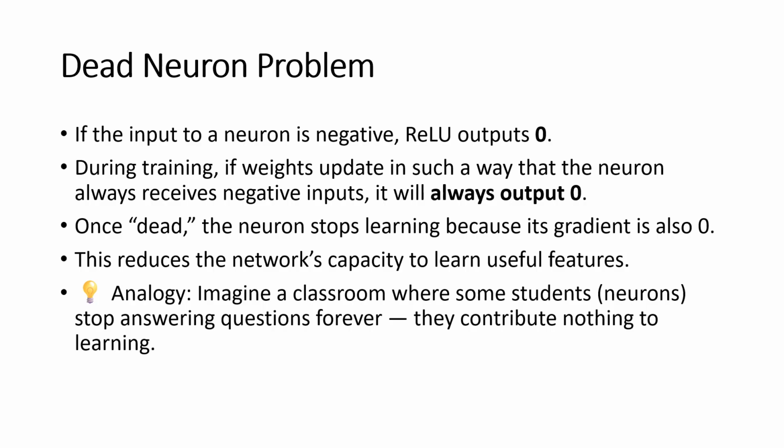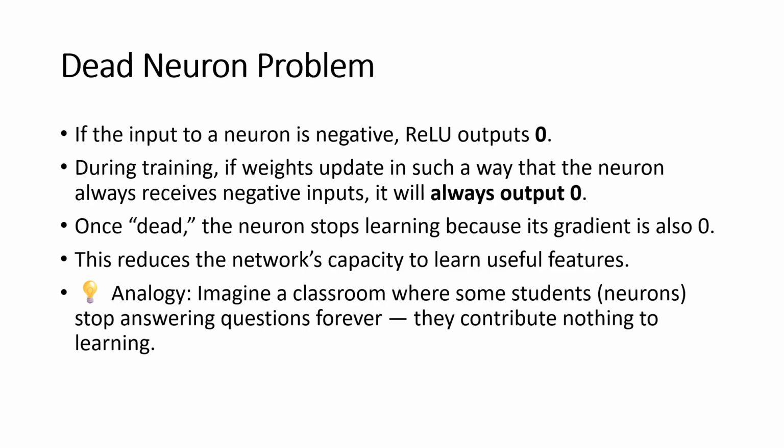During training, if the weight updates in such a way that the neuron always receives negative inputs, then its output will always be 0. So the neuron will stop learning. If this 0 value is being output every time for negative values, the model doesn't learn anything new. In that case, we call it the dead neuron problem.